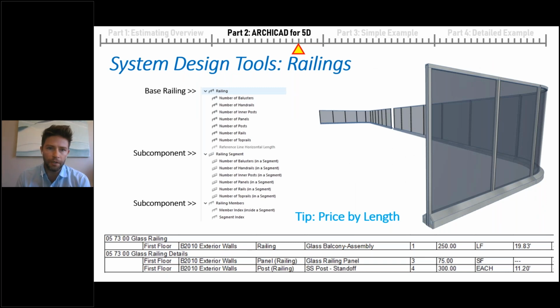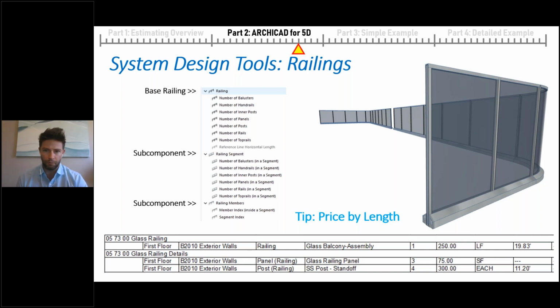We have system tools like railings, which have not only the base parameters as we're noting here, but they also have subcomponents, and we can report these in different levels of detail. I always like with these system tools to price things based off a simplistic unit.